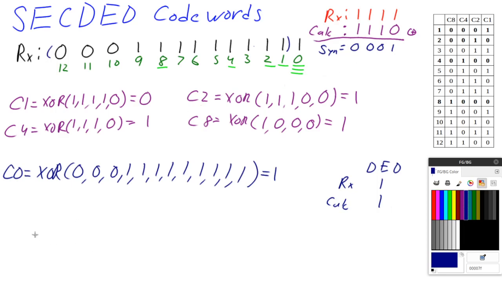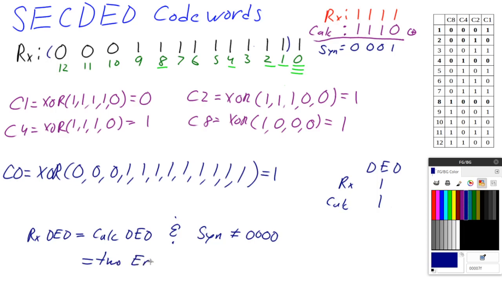So let me write that. We'll say Rx dead equals, they don't have to be 1, just if they equal our calc dead and our syndrome does not equal all zeros, then we have two errors.